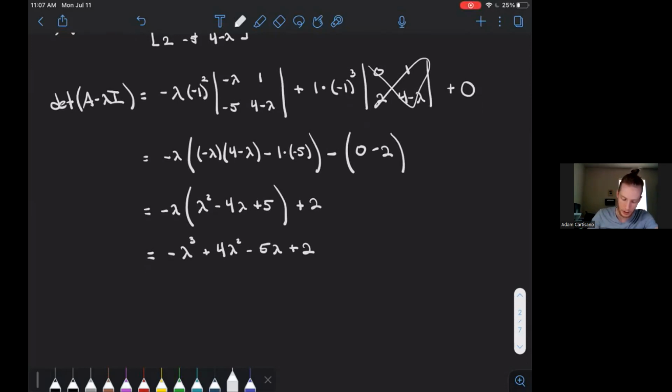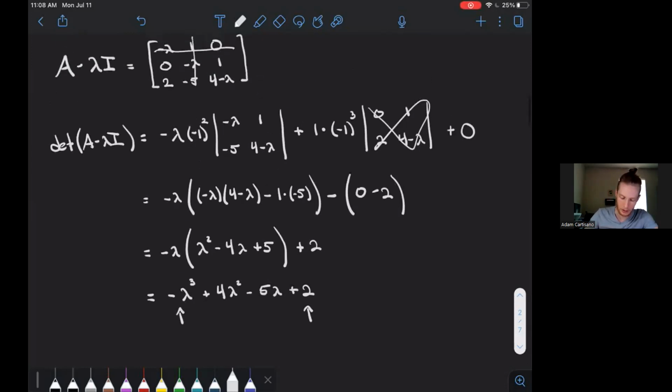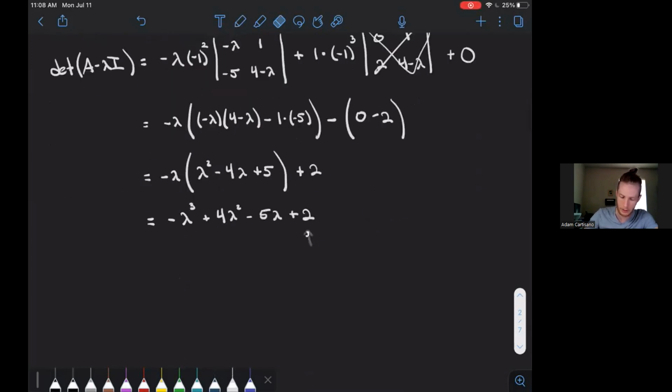Because the leading coefficient here is -1 and this one is 2. And so, in fact, lambda equals 1 is a really good guess, and you can use maybe synthetic division or something like that to check whether lambda equals 1 is a factor. In fact, let's try that. Synthetic division. If you remember this from algebra class or something like that, good on you.